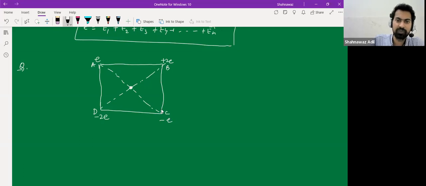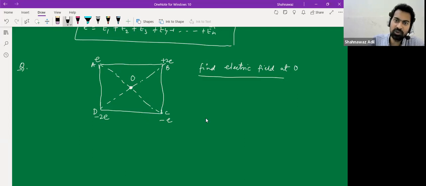Right. So let's say this is O and we have to find the electric field at O. Before I do that, you tell me what is the angle between the diagonals of a square?